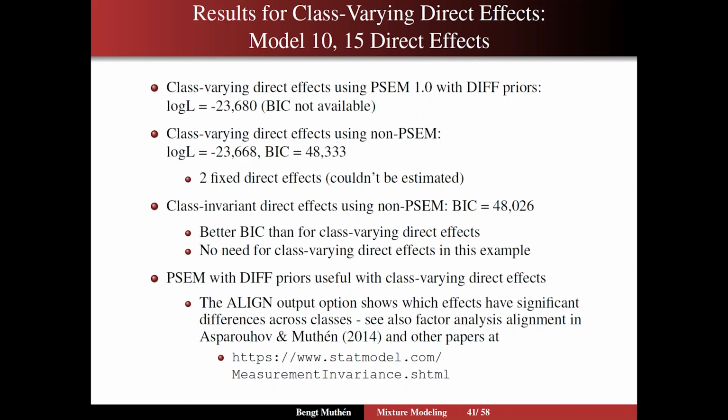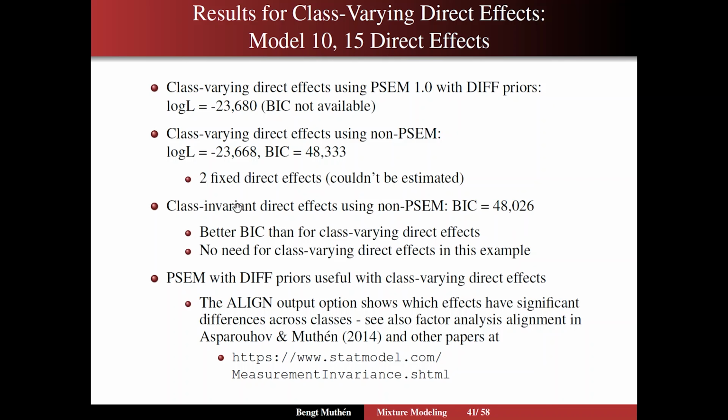Now, if you look at the third bullet here, what about the class invariant case of direct effects using non-psum? Well, that one has no problems of fixed effects, and you get a big value over here, which you can compare to the non-psum run up here, and you see then that class invariance gets a lower BIC.